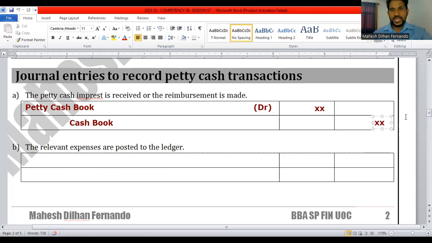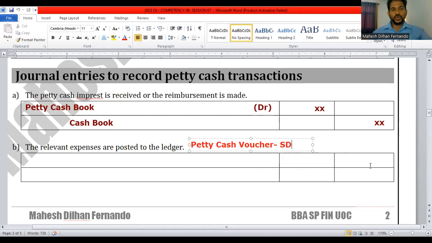Right? I'll give you a small hint. To record this transaction, what do we use? Think carefully. Let me put it this way: to record the petty cash expenses, we use the petty cash voucher as the source document, right?